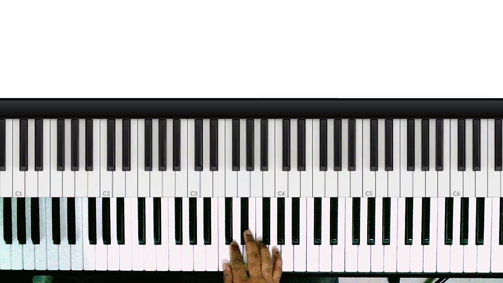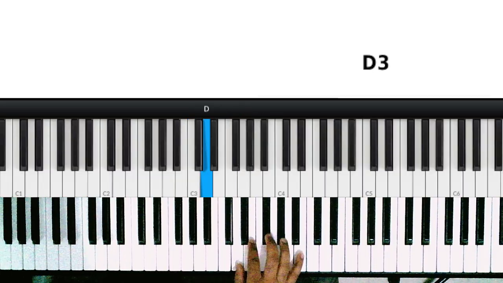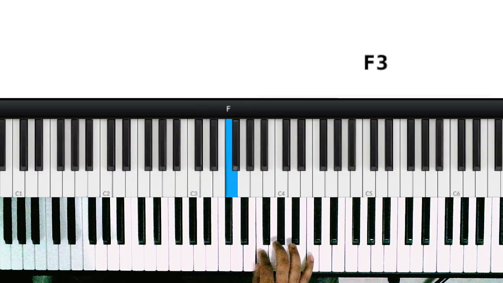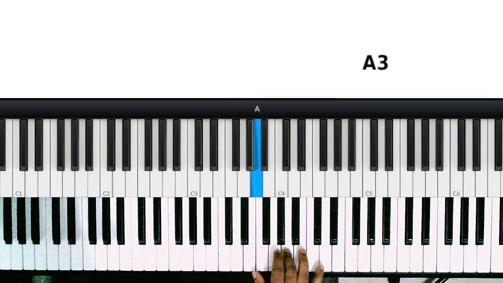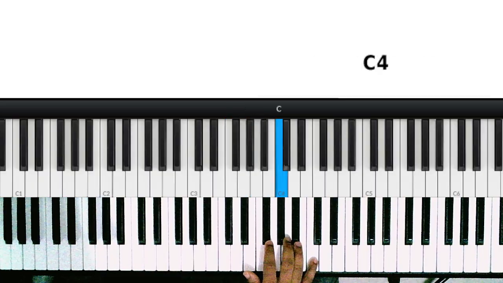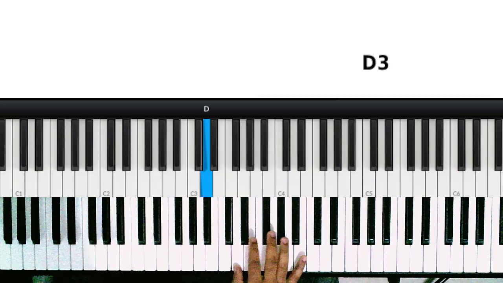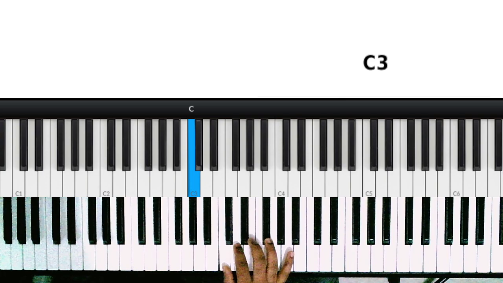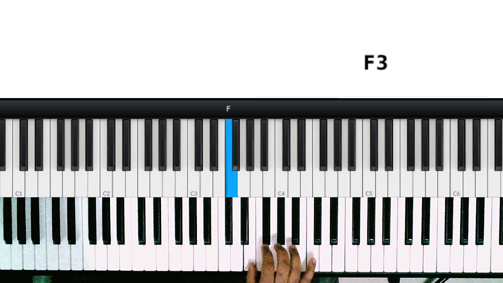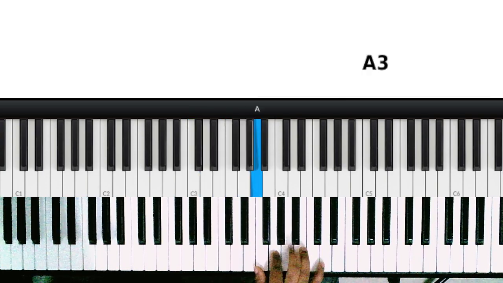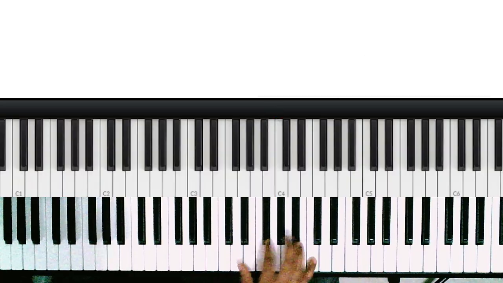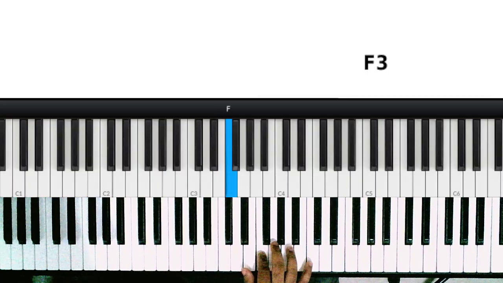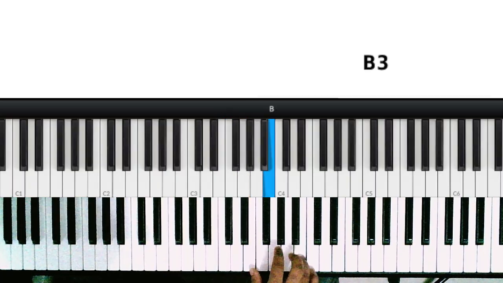Don't forget, let's go back to C. Our pattern is T, T, S, T, T, T, S. Our root, 1, T, T, S, T, T, T, S, which is Do, Re, Mi, Fa, Sol, La, Ti, Do.